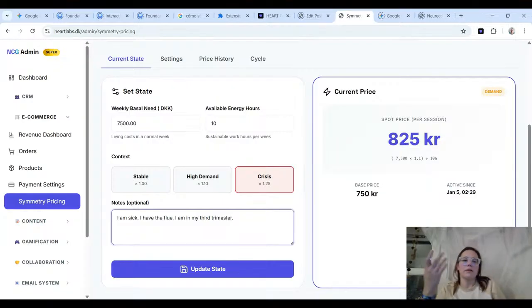This is what the other person will see. It gives the other person a little bit of your context.